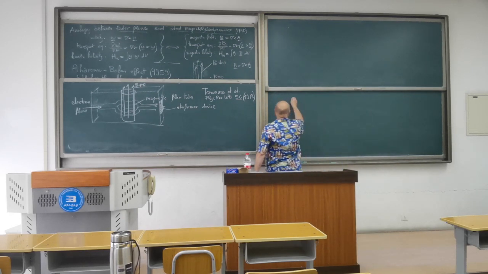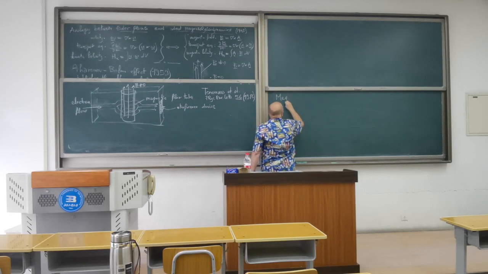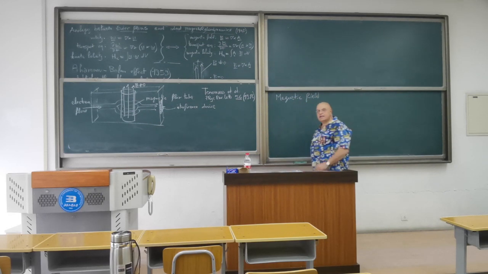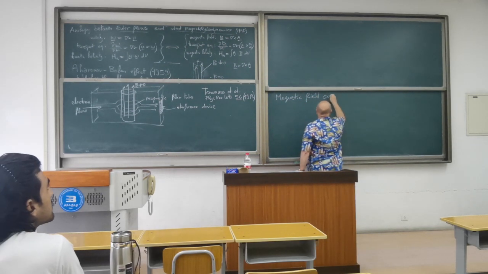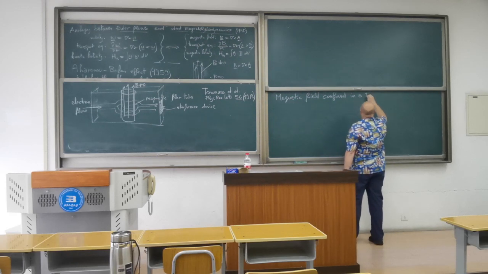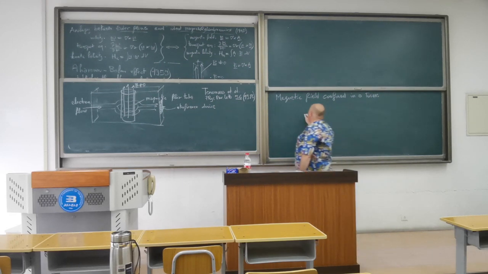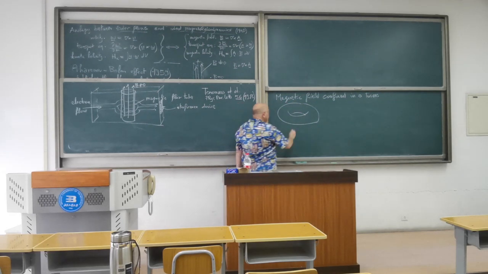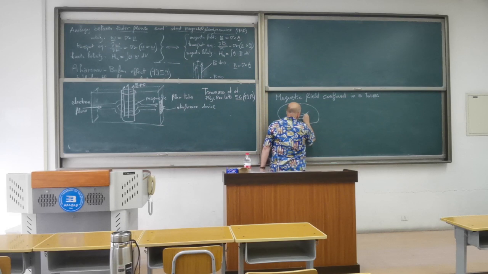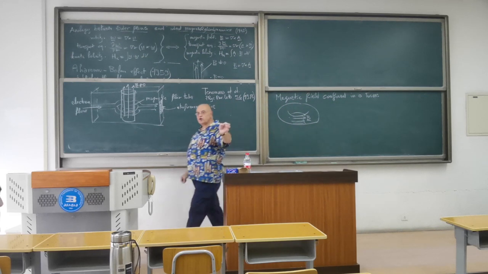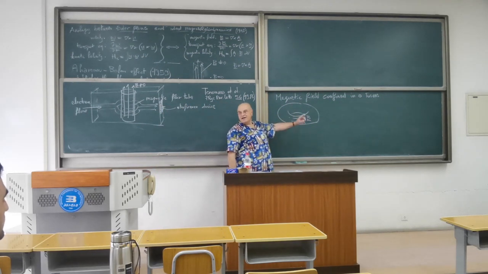It's a big torus, with the magnetic field confined in a toroidal domain. Okay, we have a torus like this, and magnetic fields like this. If you think of substituting magnetic field with vorticity, you have a vortex ring.